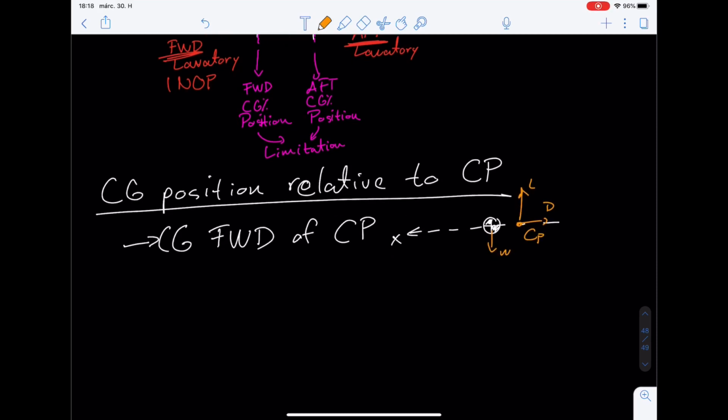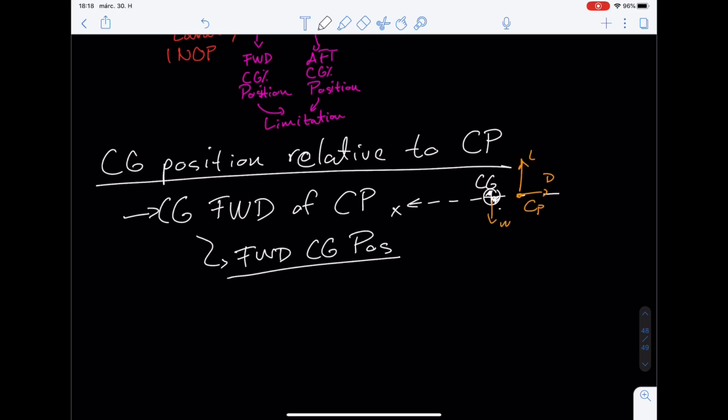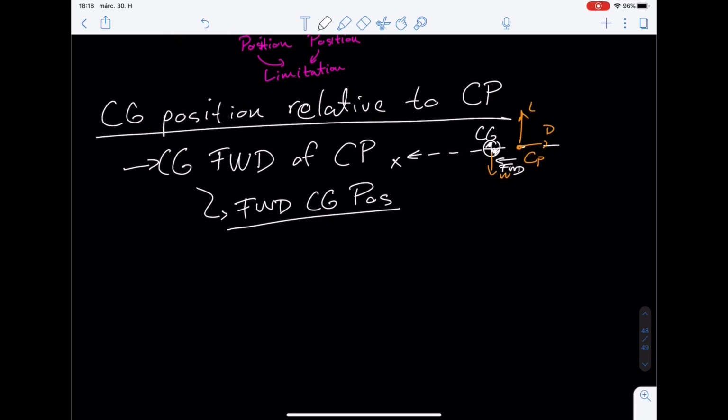In this case, this would be your center of gravity, or COG. In this case, we're talking about a forward CG position, because the center of gravity is forward of the center of pressure.